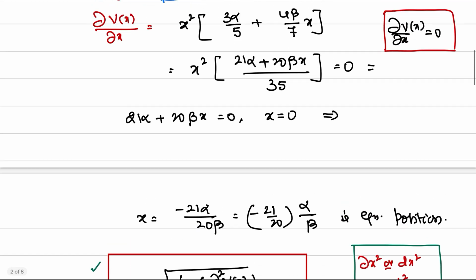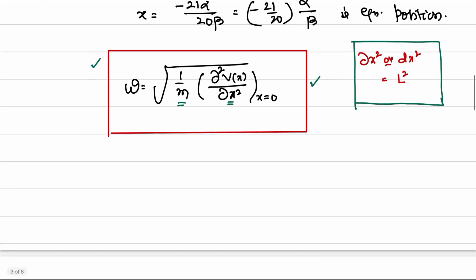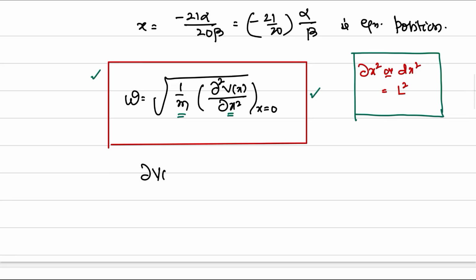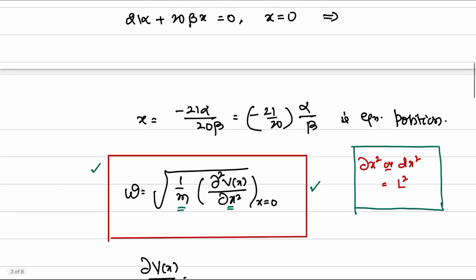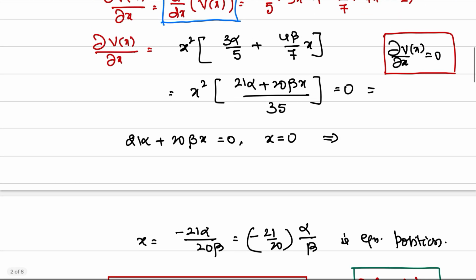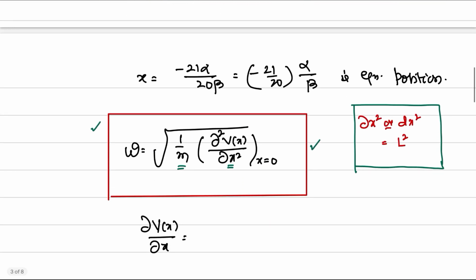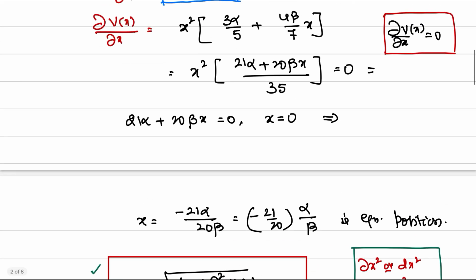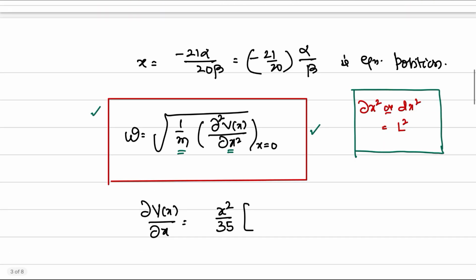What is ∂Vx/∂x? ∂Vx/∂x is equal to what we have already calculated: x squared into x squared by 35 into (21 alpha + 20 beta x).